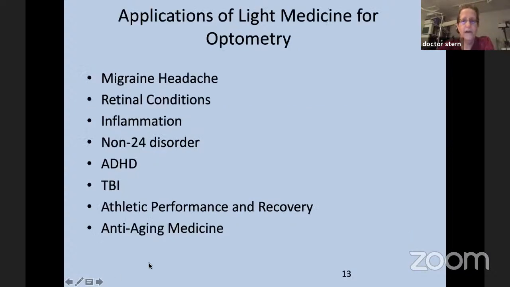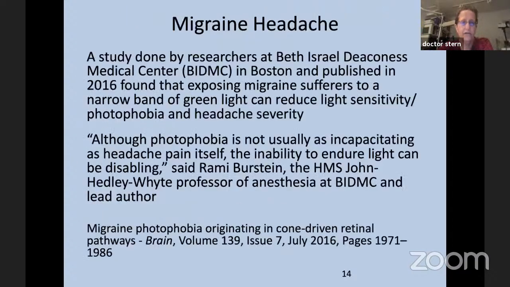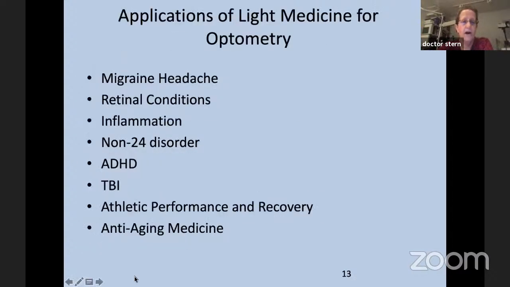So what are the applications for optometry? Well, migraine headaches, certain retinal conditions, inflammation, non-24, which we'll talk about in a minute, attention deficit hyperactivity disorder, traumatic brain injury, athletic performance and recovery, and anti-aging medicine.